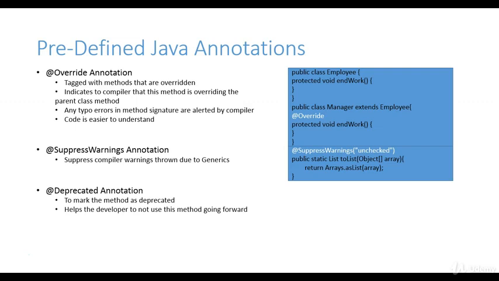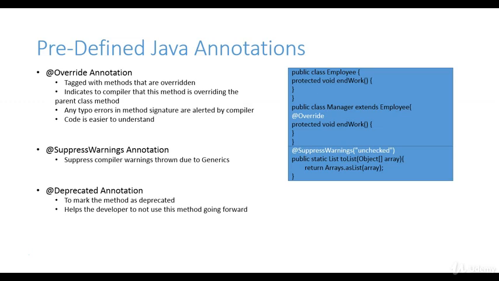If not, then the compiler can report it as an error. We use the @Override annotation to take advantage of compiler checking to make sure we are actually overriding a method when we think we are. This way, if we make a common mistake of misspelling a method name or not correctly matching the parameters, we will be warned that our method does not actually override as we think it does.